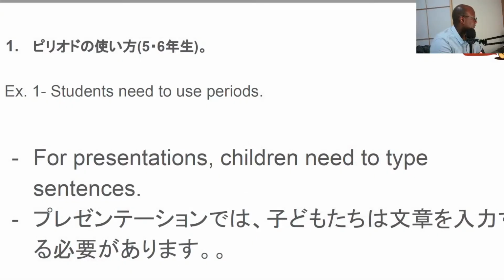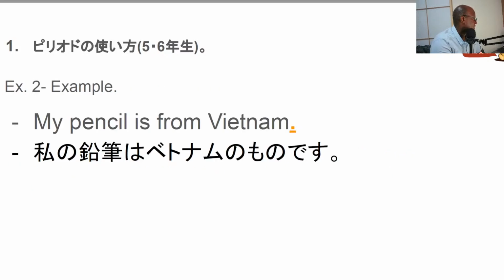So check their presentation for periods at the end of the sentence. Here is an example. Okay, my pencil is from Vietnam. So sometimes the students will write, my pencil is from Vietnam, but no period.